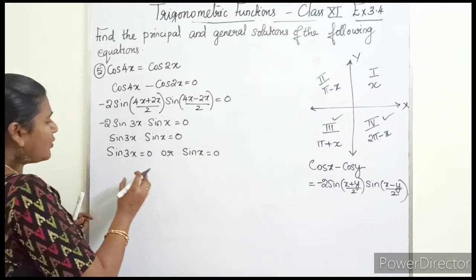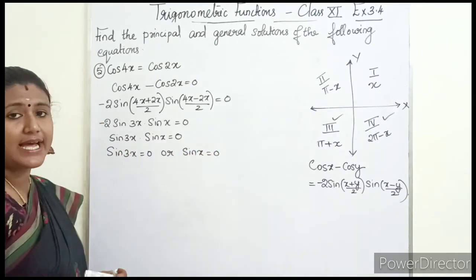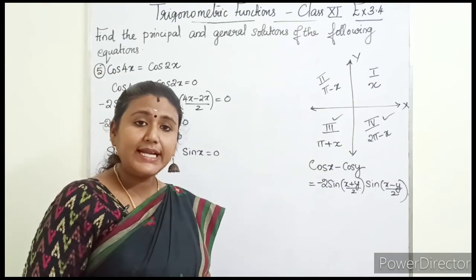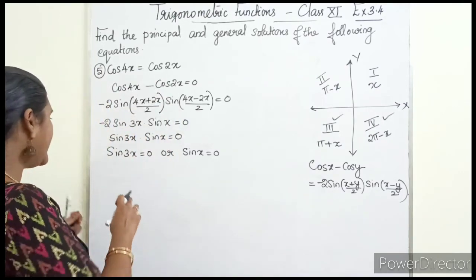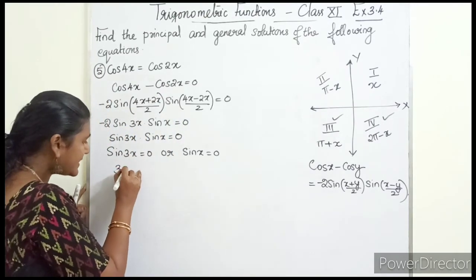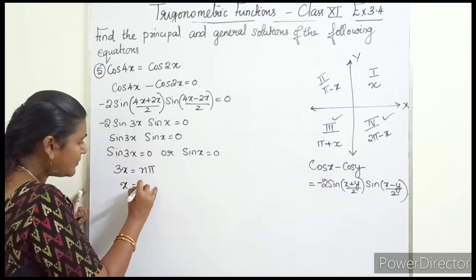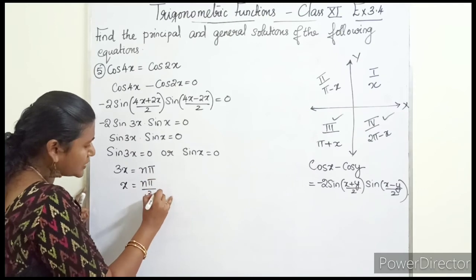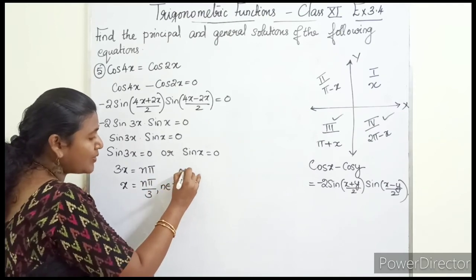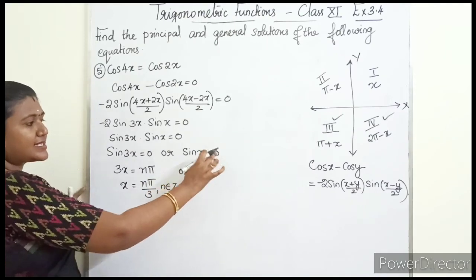Now you know the condition when you get a sin value of 0: for integral multiples of pi. So we can write from this 3x is equal to n pi, or x is equal to n pi by 3, where n belongs to Z. Okay. Now we will go to the second equation, sin x equal to 0.